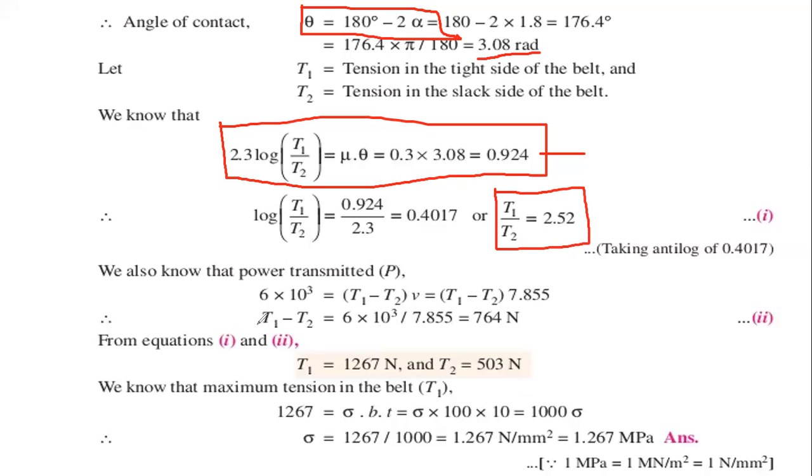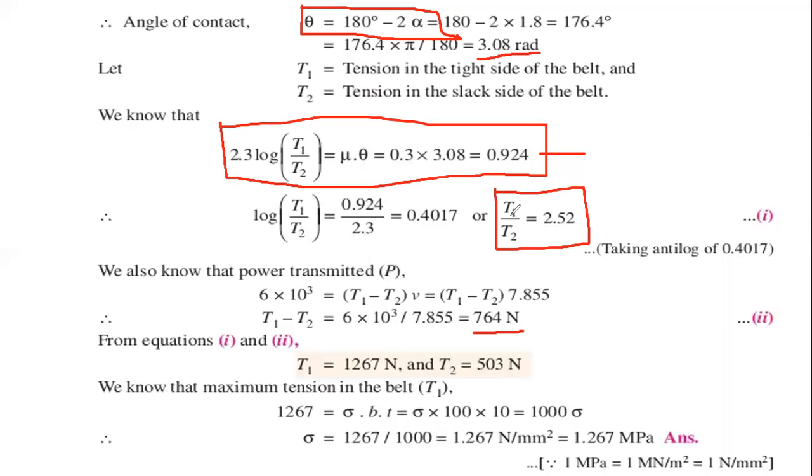By substituting the values, T1 minus T2 is equal to 6 into 10 power 3 by 7.85, that is 764 newtons.